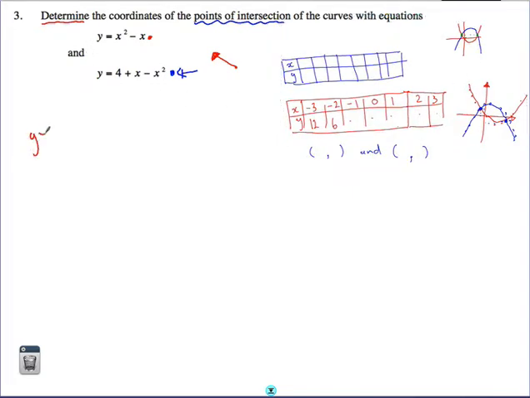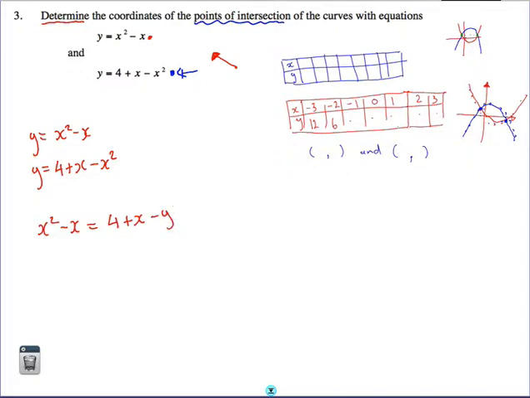So we've got y is equal to x squared minus x, and another y is equal to 4 plus x minus x squared. Since these are both the same thing, y is x squared minus x and y is also 4 plus x minus x squared, we can say x squared minus x is equal to 4 plus x minus x squared.